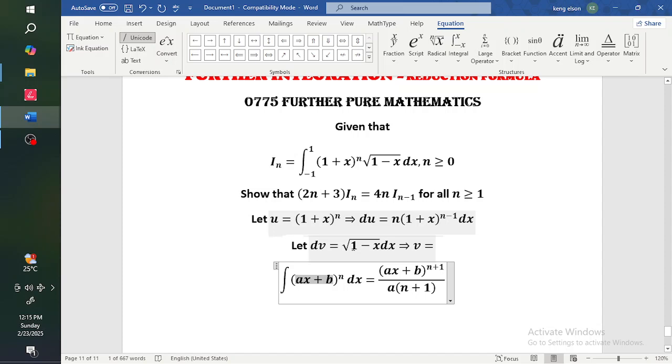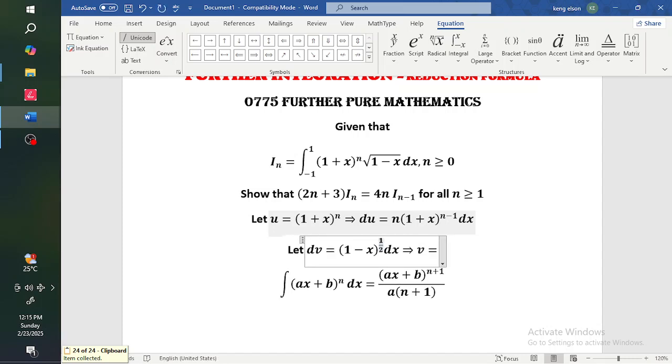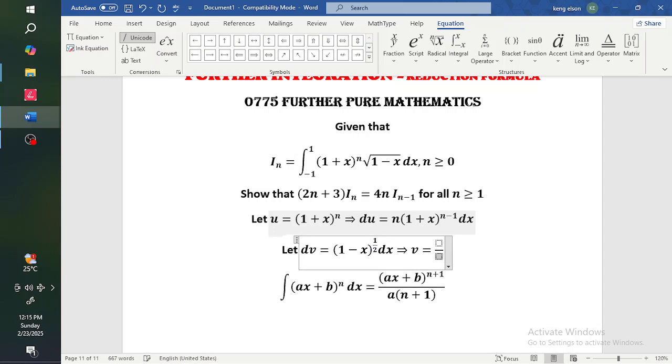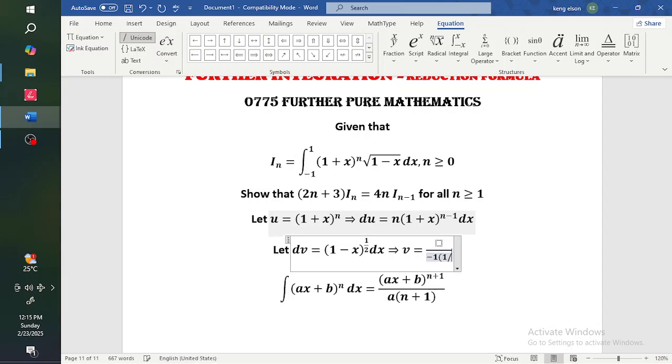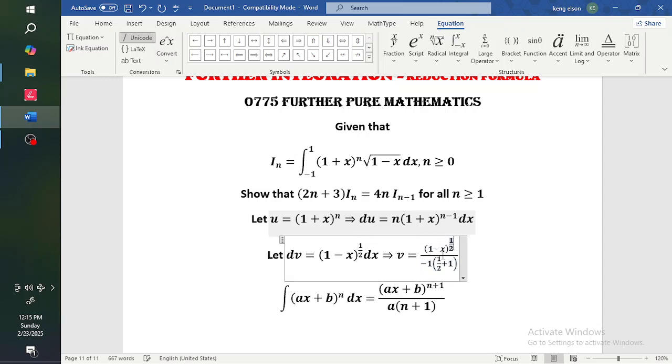So what I'm going to do is that this square root of 1 minus x, we can rewrite as (1 minus x) raised to the power half. Are we there? So you see that your n is half. Here, in the denominator we are going to differentiate 1 minus x to give us -1, then we multiply it by half plus 1. Then in the numerator we have (1 minus x) raised to the power half plus 1.